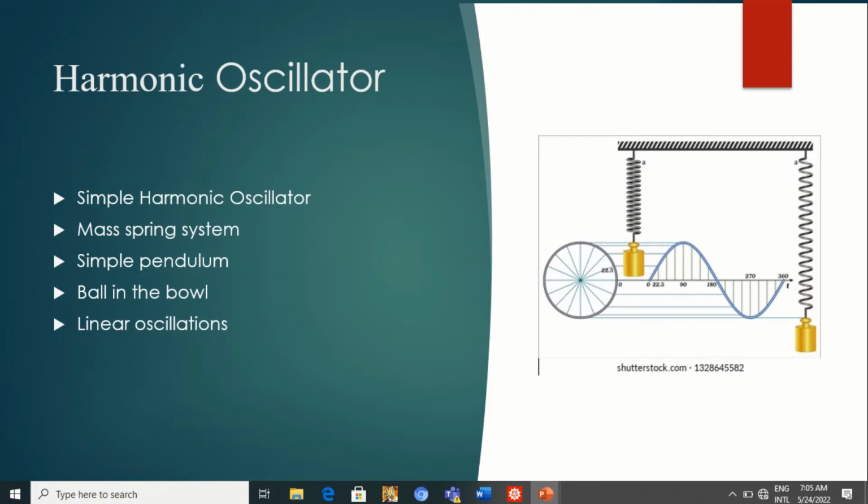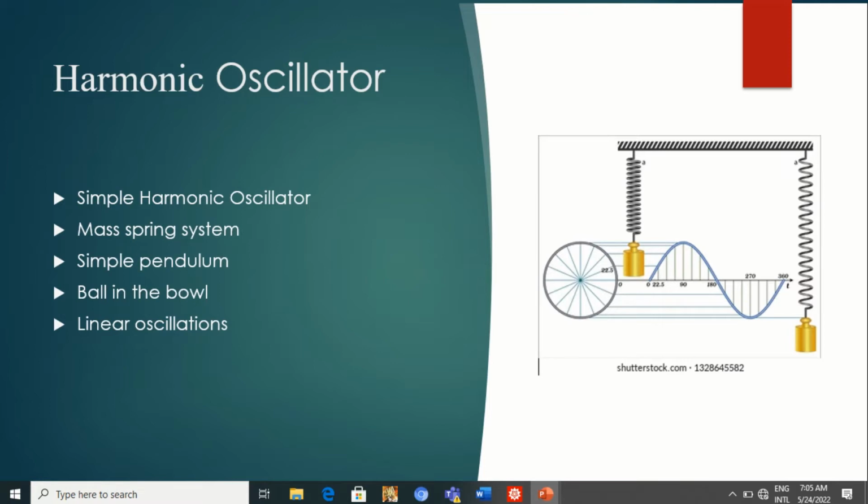Now you see that the power of your dependent variable is 1, which implies that it's a linear oscillation. And because of its linear nature, it has several interesting properties.